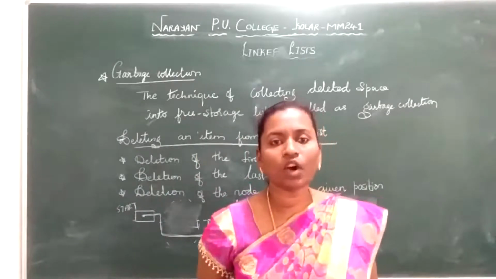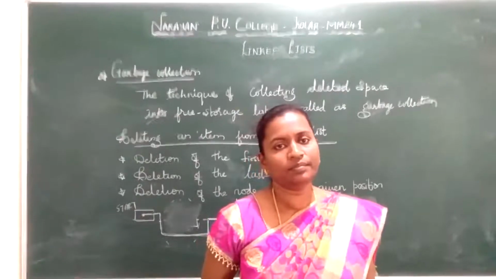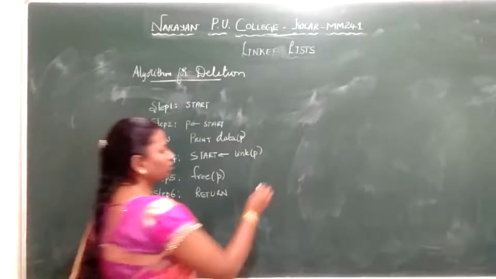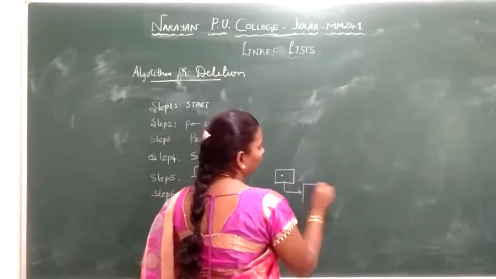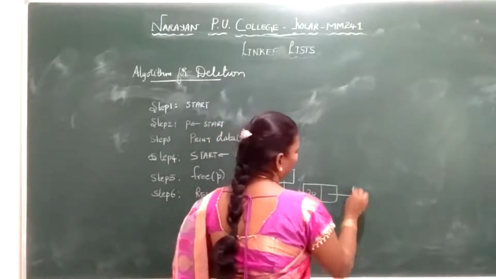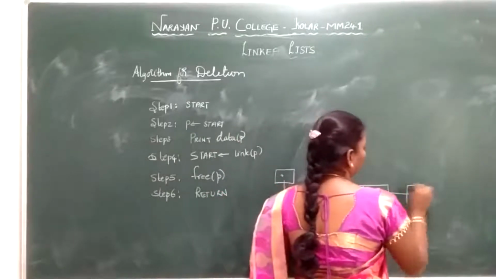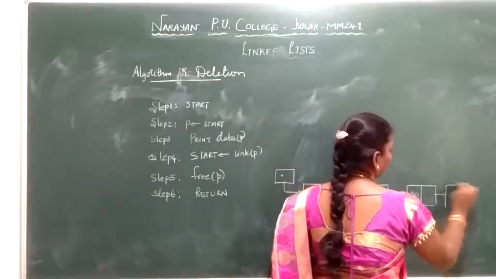Now we see the algorithm for how to delete an element at the beginning. This is the algorithm for deletion. I have start, and I have the linked list with the elements 20, 30, 40, 50.